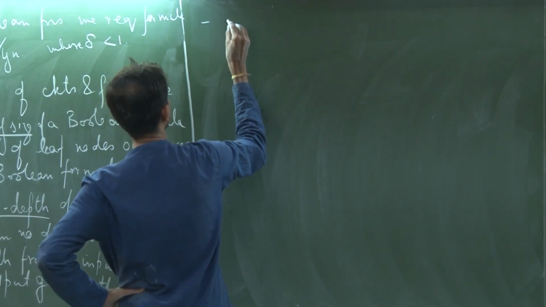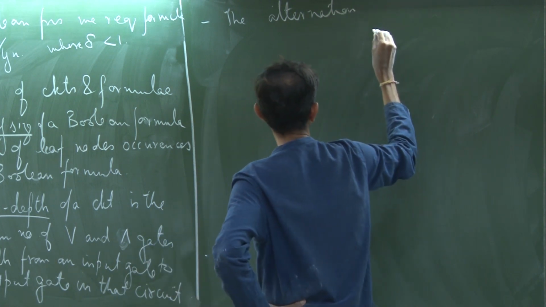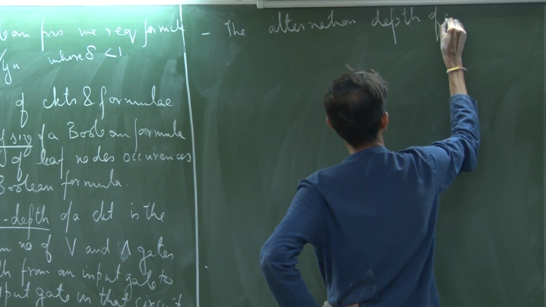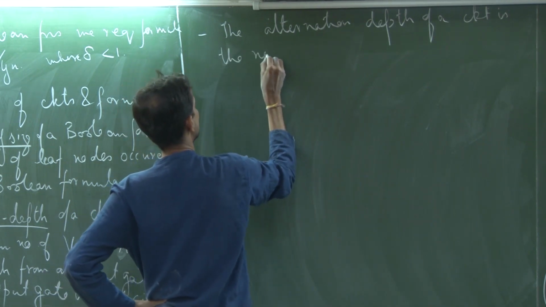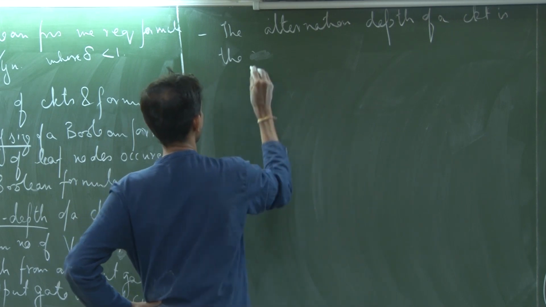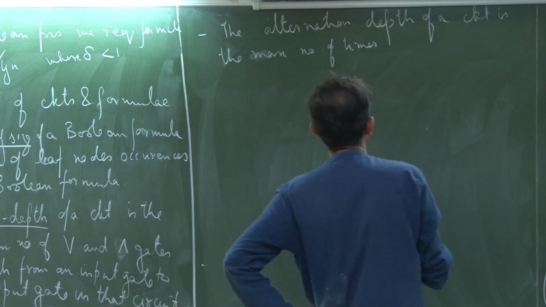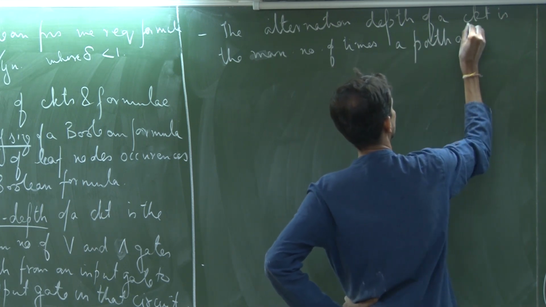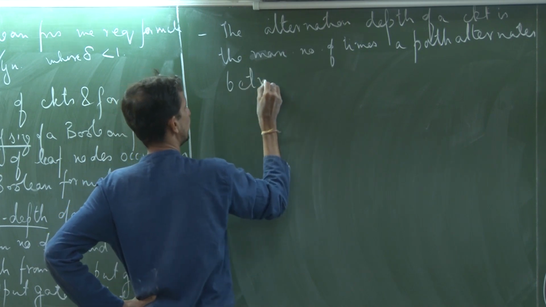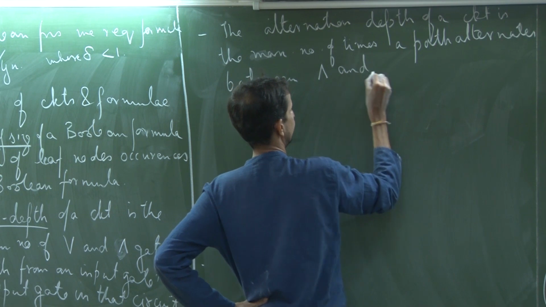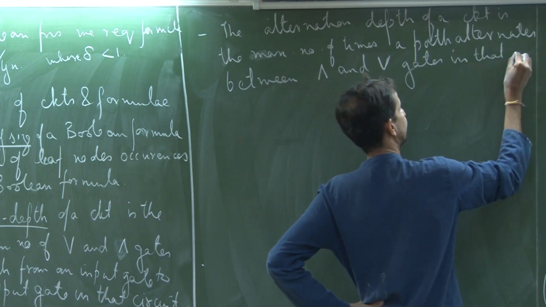The alternation depth of a circuit is the maximum number of times a path alternates between AND and OR gates in that circuit.